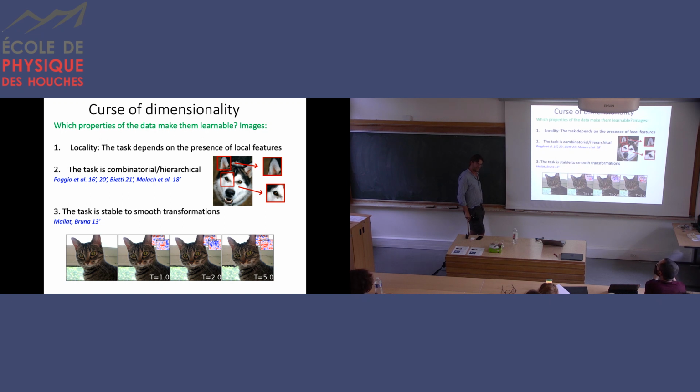So can you say again? Sorry, I didn't. So I'm saying you must have other properties of natural images that are not just transformations, because transformations by themselves, I don't think they can reduce the dimension so much that you couldn't encode an unlearnable problem.